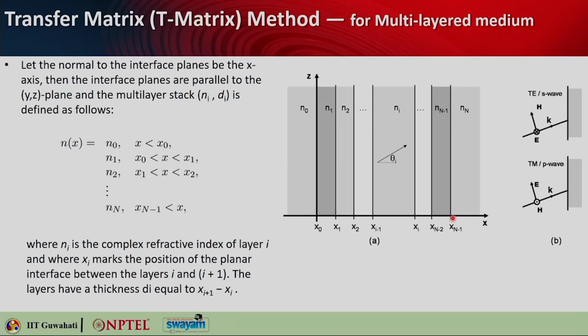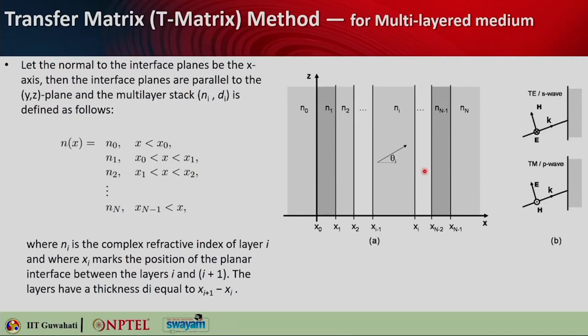When x is greater than x(n minus 1), that is when the light wave has crossed the multi-layer structure, what is the refractive index? It is capital N. Fine, so this is how you have defined the refractive index for each of these media.